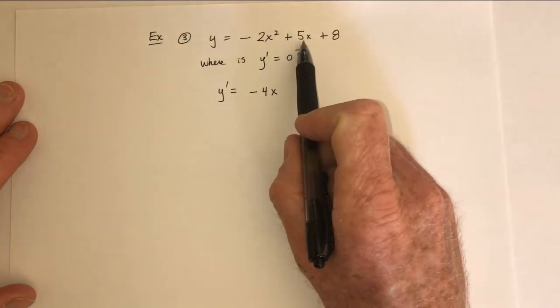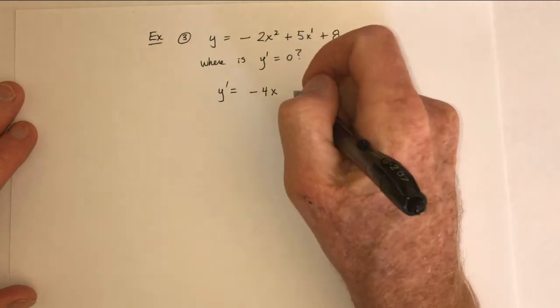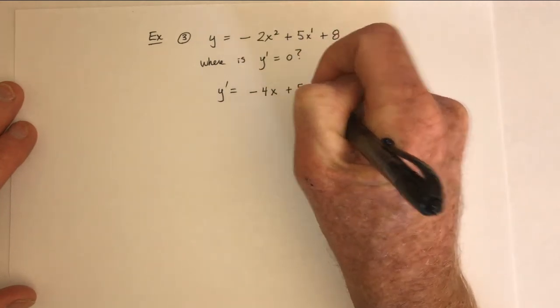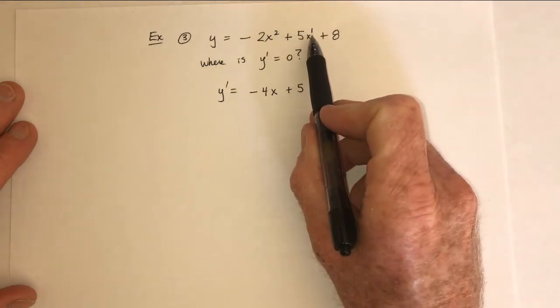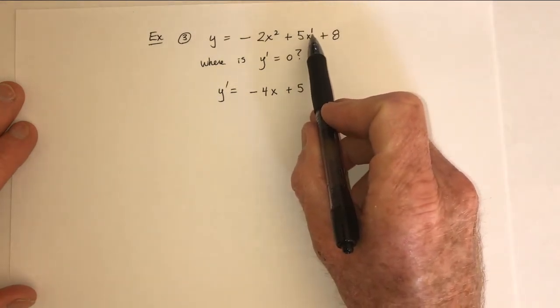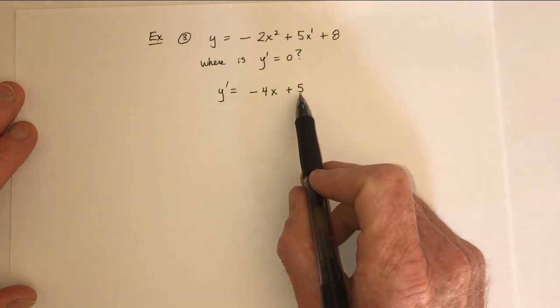The derivative of 5x. So this one's exponent is a 1. You take the 1, bring it down, and multiply. It gives you 5. And when you subtract 1 from the exponent right here, it's going to leave x to the 0, which means multiply by 1. So take this 5 and multiply by 1.